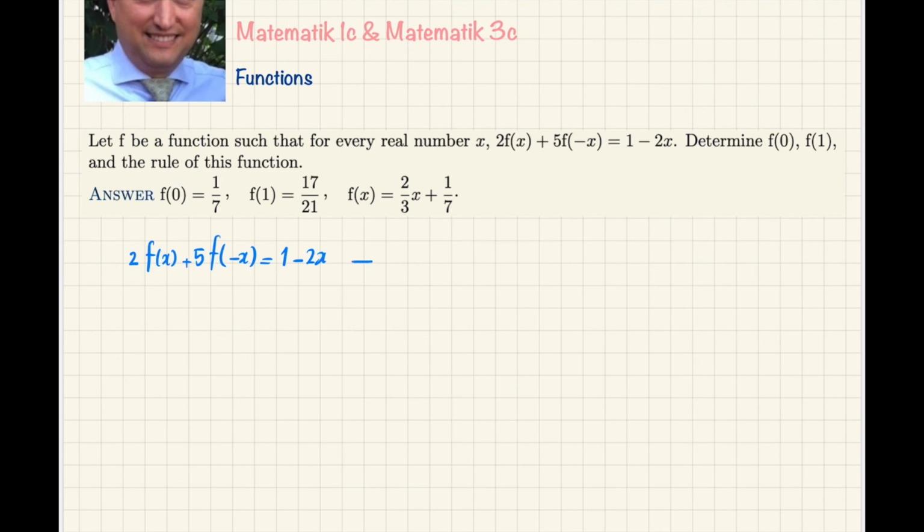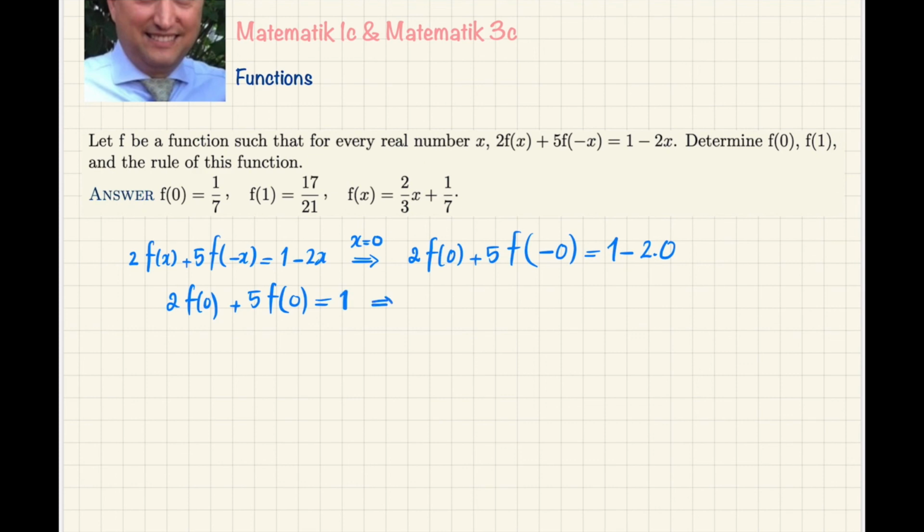So if I put x equal to 0 in this equation, what I get is 2 times f of 0 plus 5 times f of minus 0 equals 1 minus 2 times 0. But this becomes 2f of 0, and minus 0 doesn't make any difference, so this becomes 5 f of 0 again, and the right hand side, 1 minus 2 times 0, is simply 1.